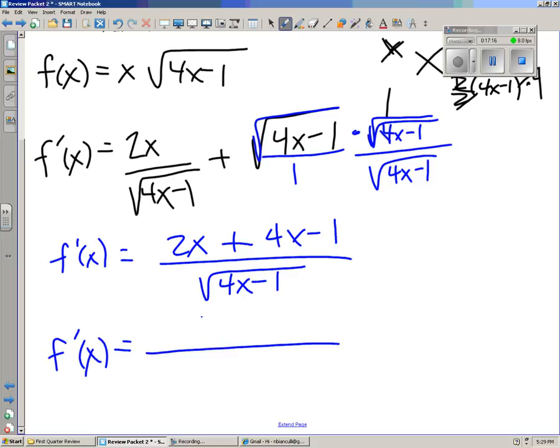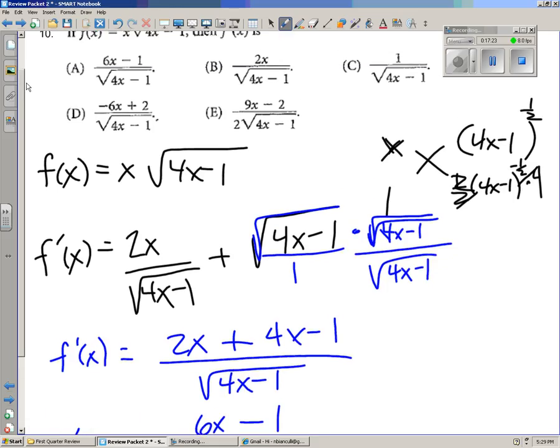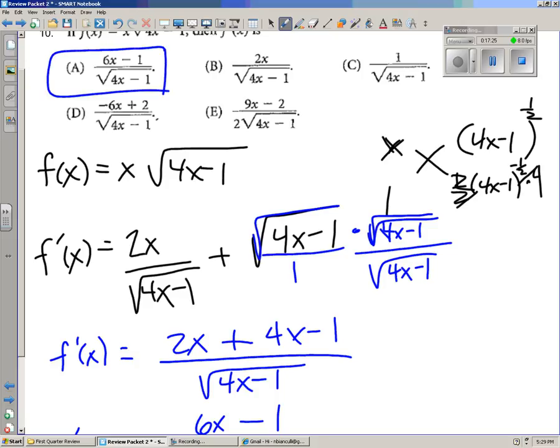And 2x plus 4x is 6x minus 1 over radical 4x minus 1, which this turns out to be choice A. I like that one.